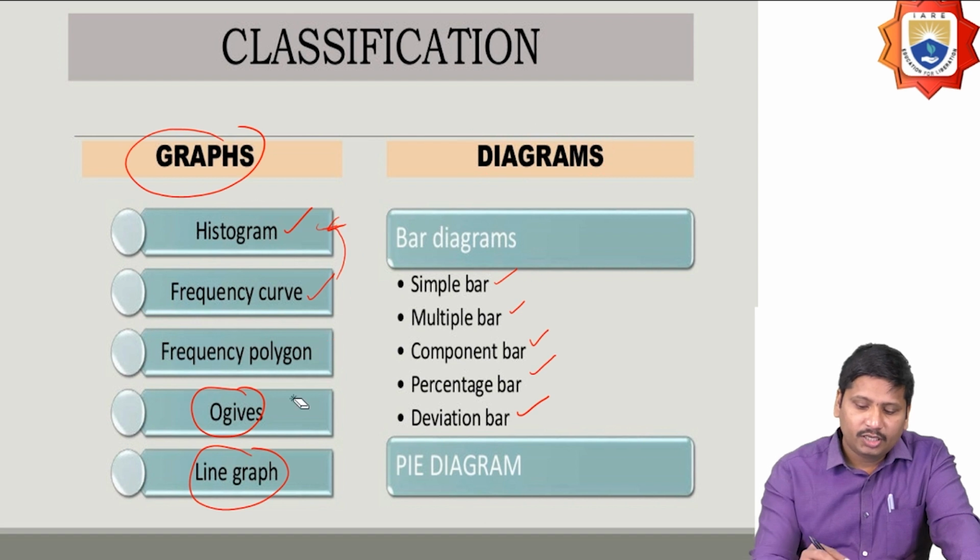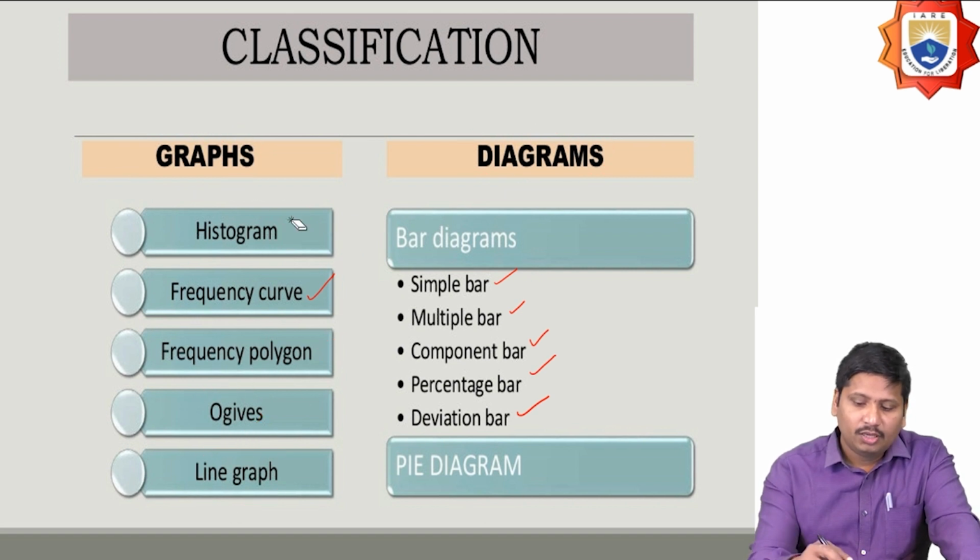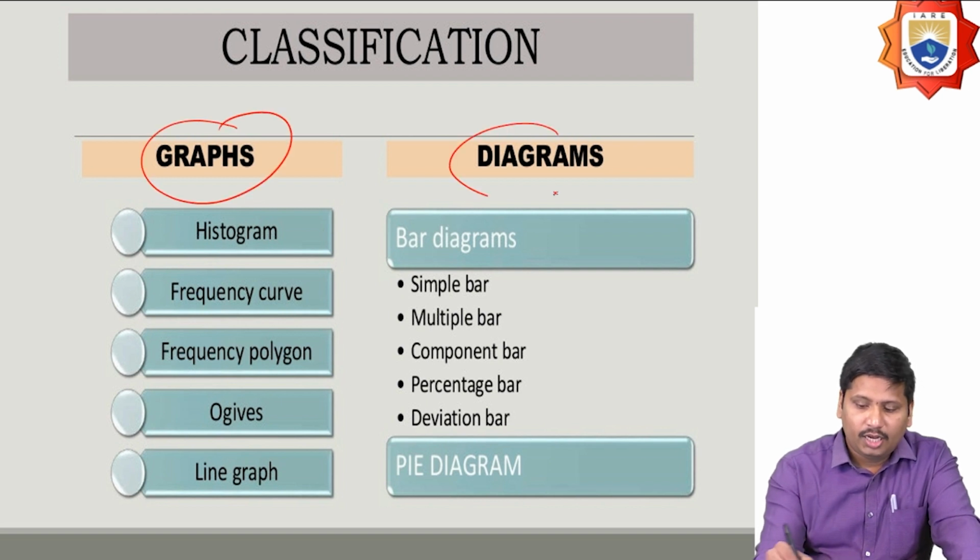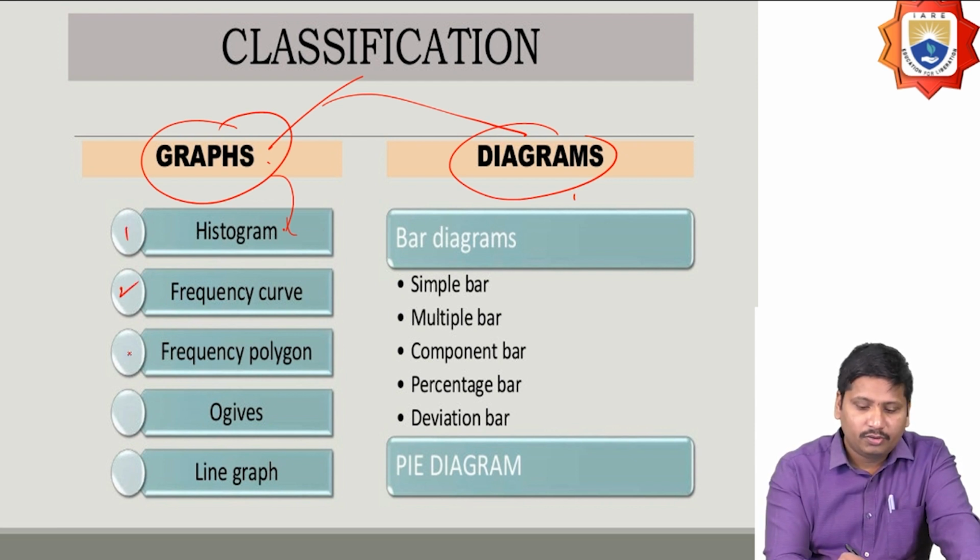Normally the graph presentations will be of different types, like graphs and then diagrams. And again, graphs are of different types, like the histogram. From the histogram, we are able to construct the frequency polygon, and the ogive is also constructed from the cumulative frequency.